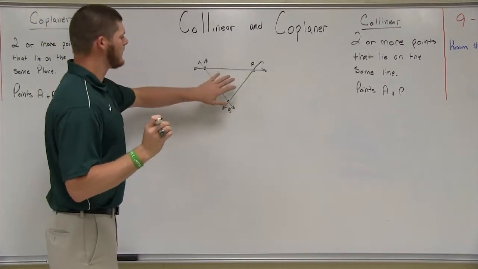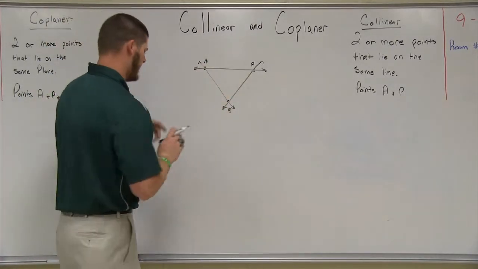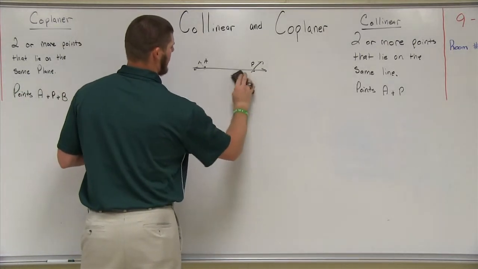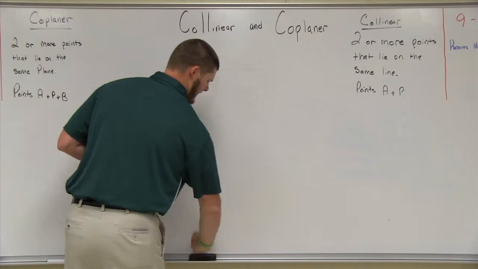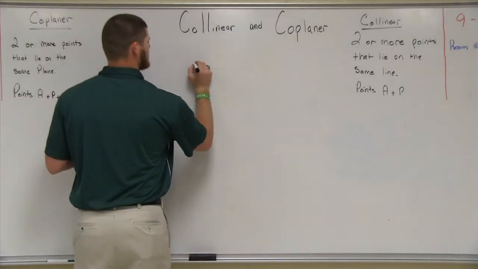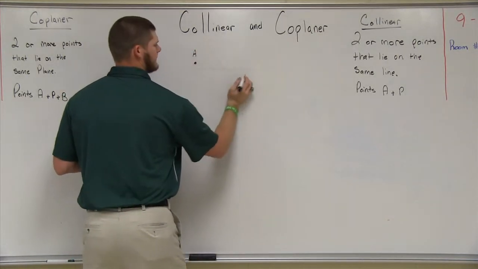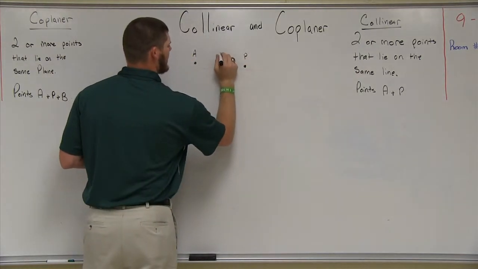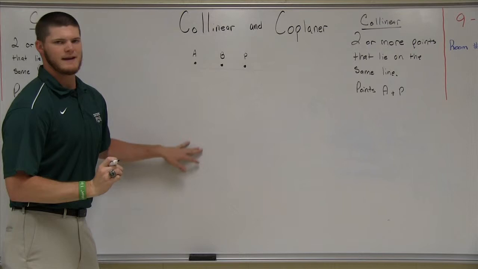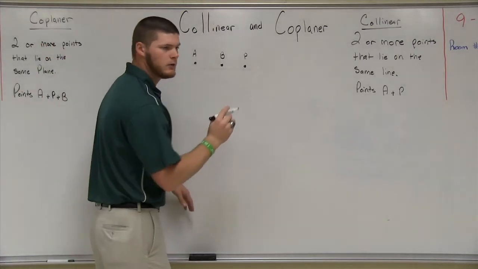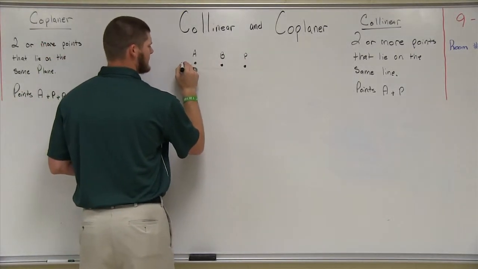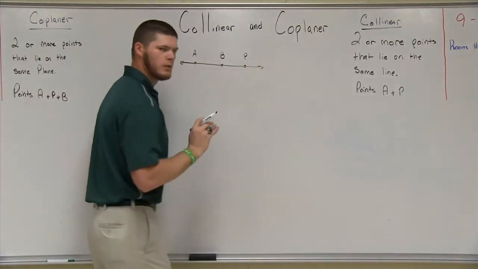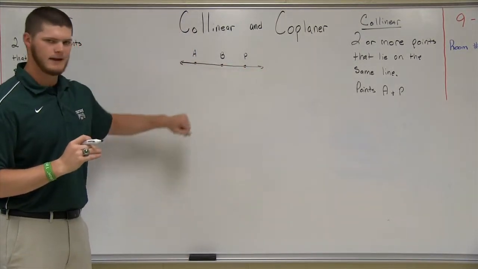What we need to also understand about collinear and coplanar is this, however, that although we do need 3 points to create a plane, these 3 points, A, P, and B, cannot be collinear points, because 3 collinear points only create a line.